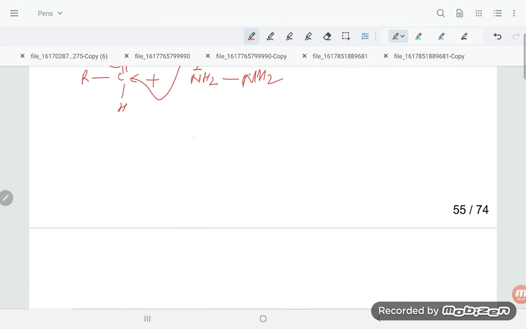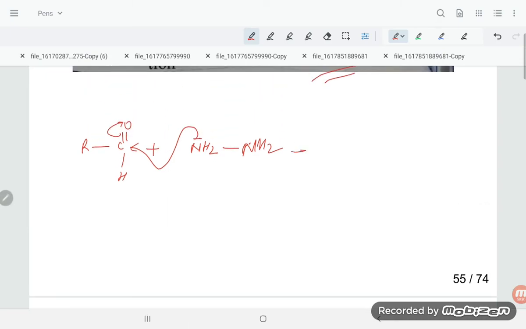So this is the nucleophilic addition, okay. So if it is a nucleophilic addition, what compound are you going to get? R, here is C, okay, here will be the negative charge, here hydrogen is added, here NH2, and again NH2, right? Now this NH2 we are writing in the open format, okay.